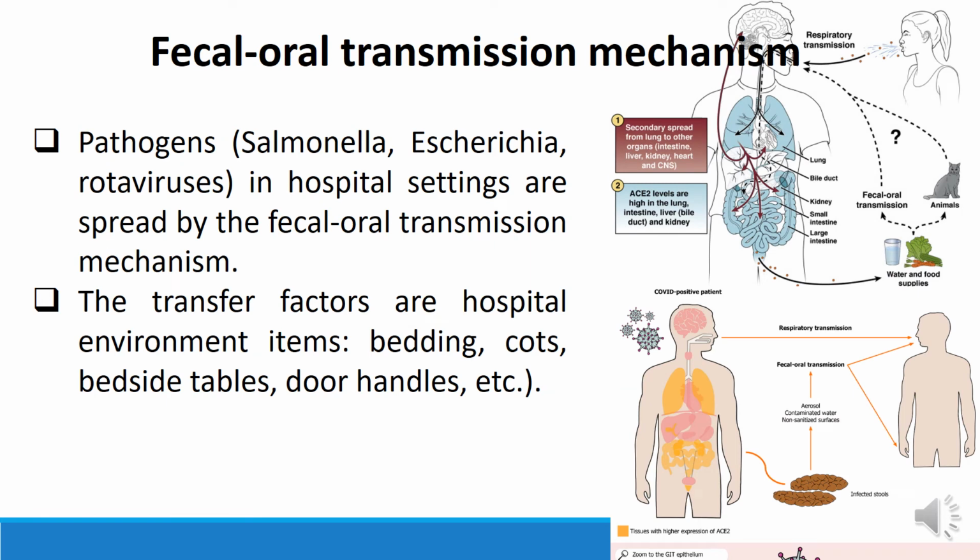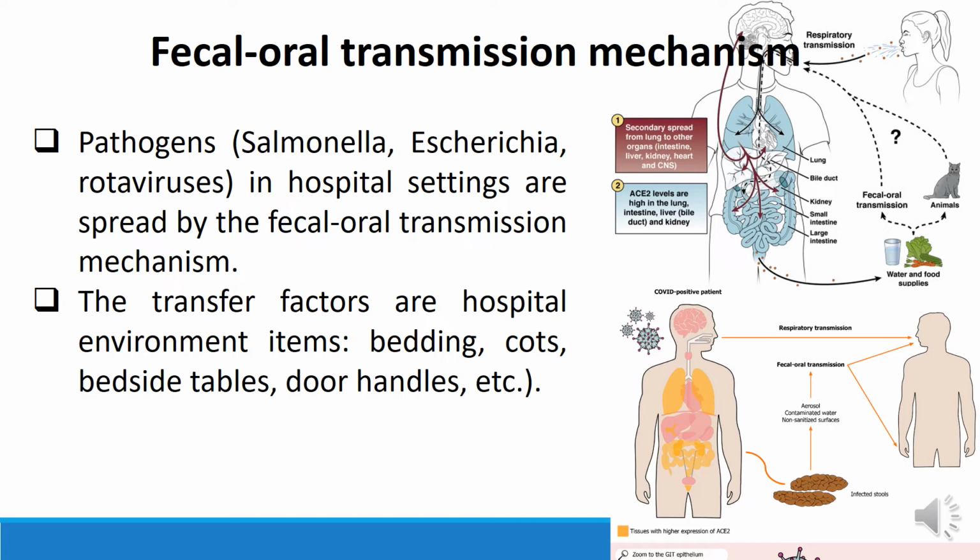Fecal-oral transmission mechanism. Pathogens such as Salmonella, Escherichia, and rotavirus in hospital settings spread by the fecal-oral transmission mechanism. The transfer factors are hospital environment items, and the implementation of fecal-oral transmission can be in different ways.